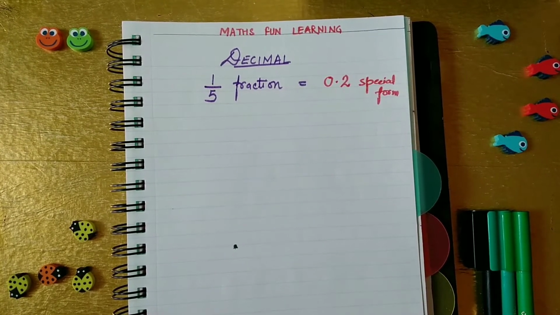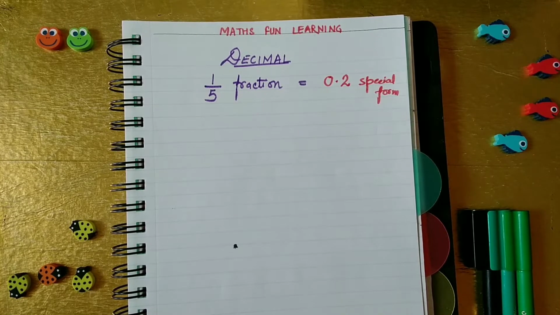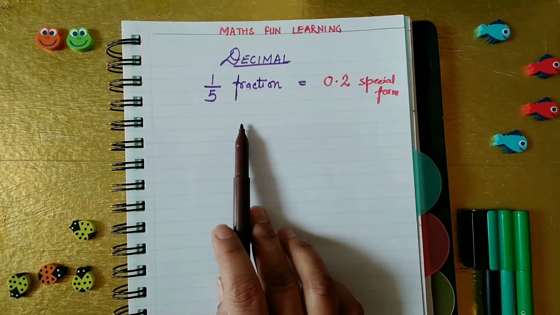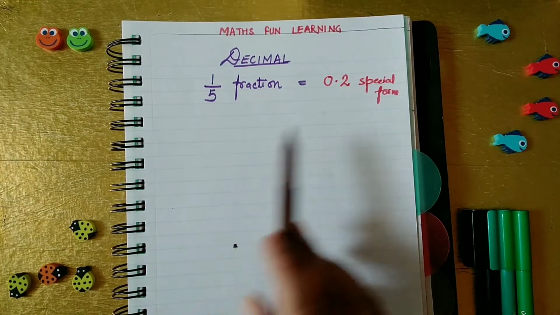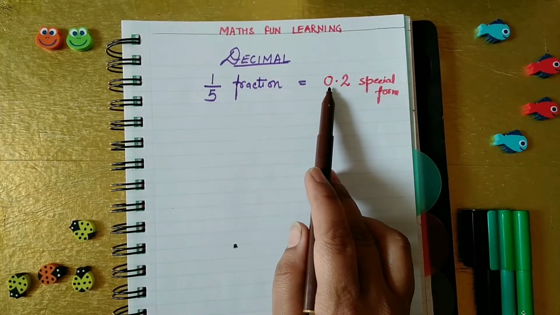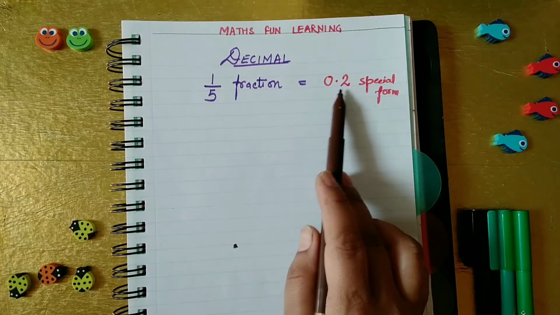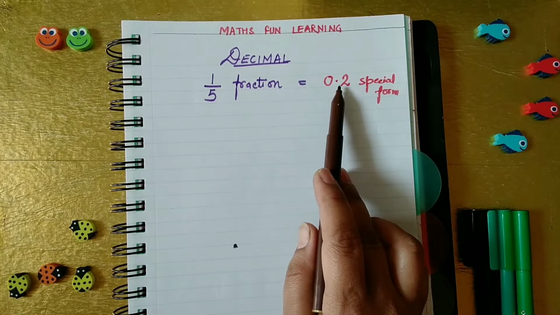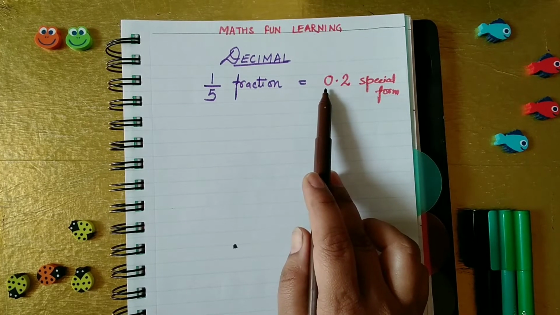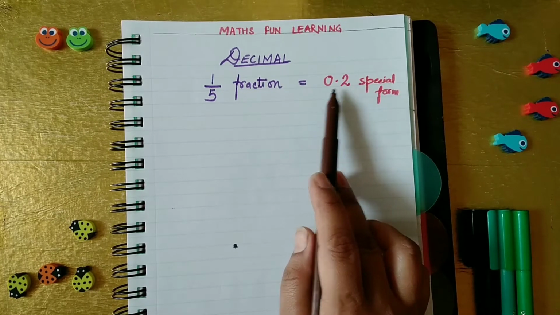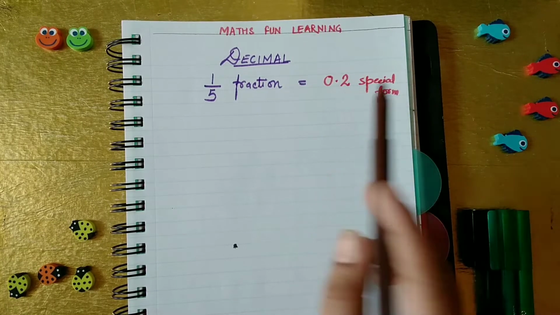So we can say decimals are a type of number which has a whole number and a fractional part separated by a decimal point. This dot here is placed between the whole and the fractional part. So that is called a decimal point.